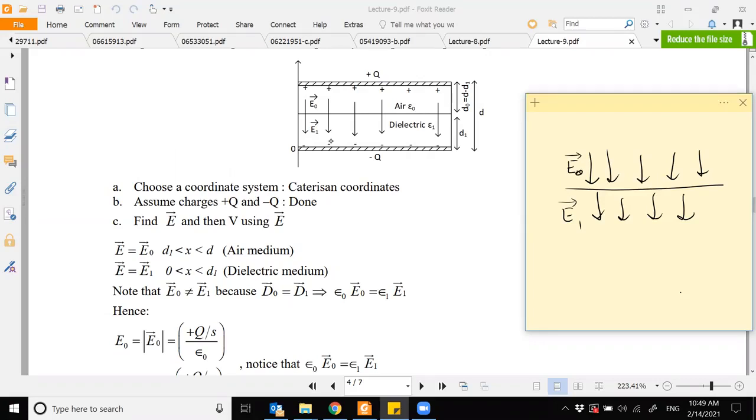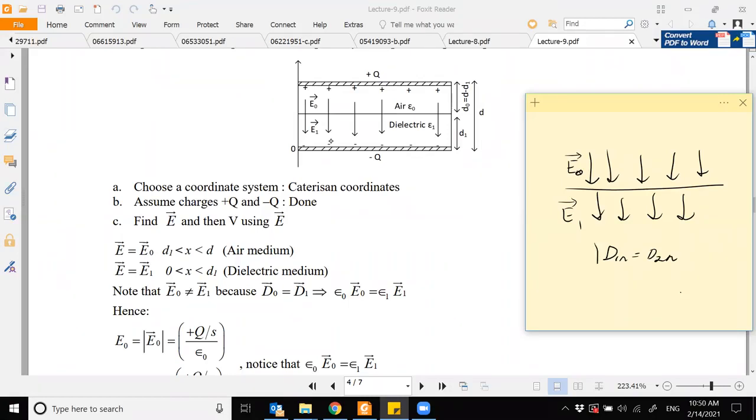Now, what do the boundary conditions tell about E0 and E1? Because we only have a normal component, we don't apply the first boundary condition, we apply the second boundary condition. What is the second boundary condition? D1 normal is equal to D2 normal, and because both are dielectrics, there is no surface charge.